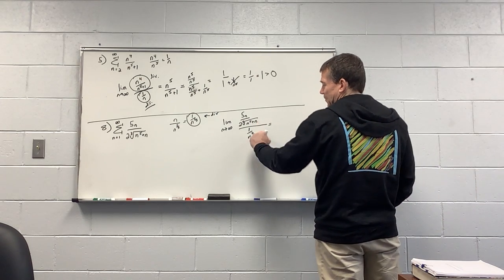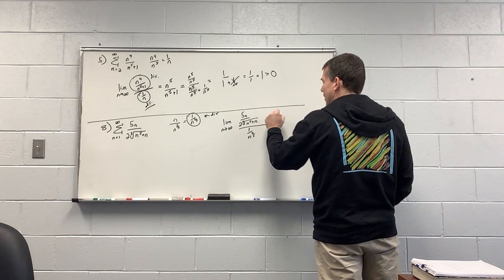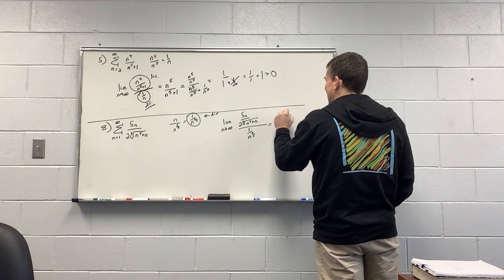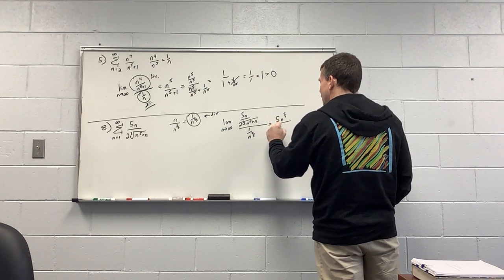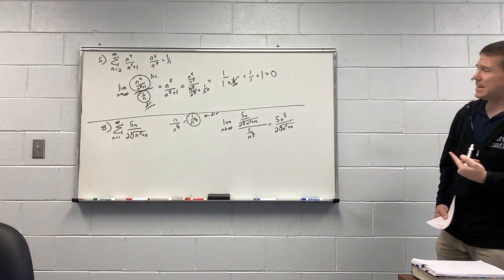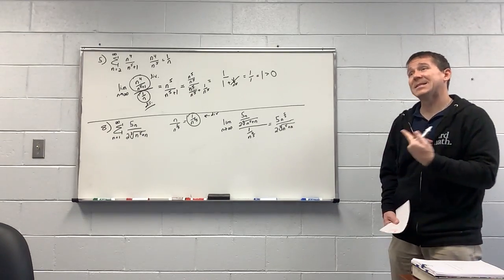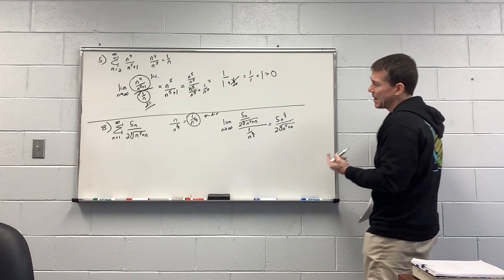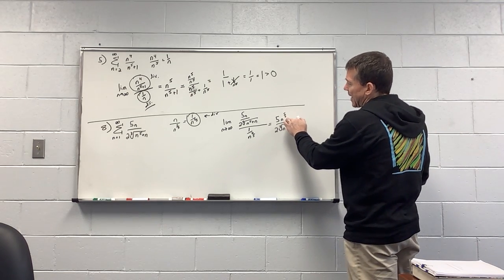Now again, this flips to the bottom, that flips to the top, and I get 5n times n to the 2/3 is n to the 5/3 over 2 cube root of n to the 5th plus n. Now I need to know what that limit is, and again we can use different tricks, but we'll rely on the same trick here: find the highest power of n, which is n to the 5/3.